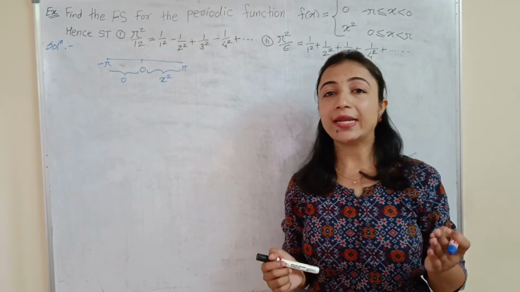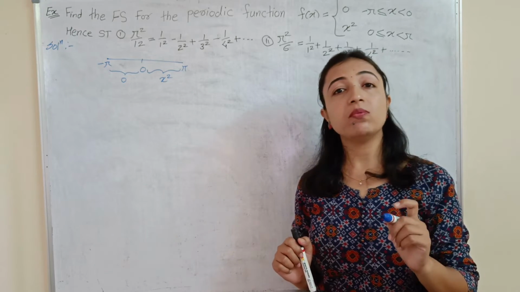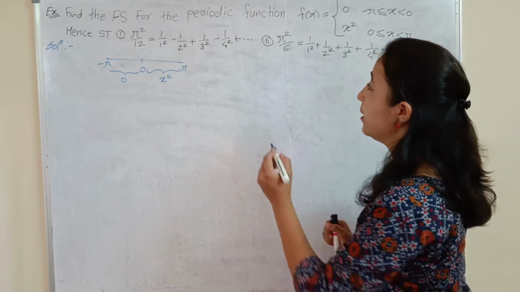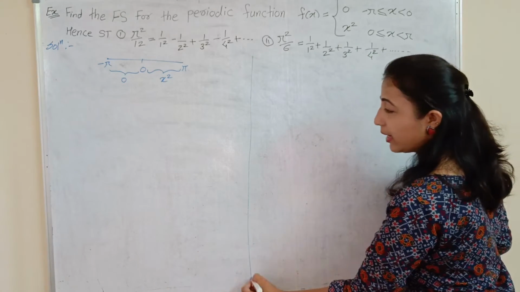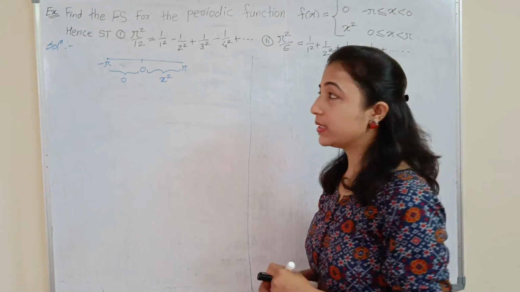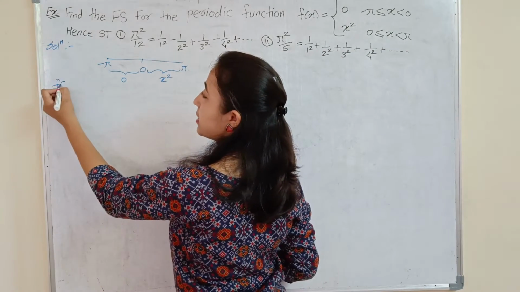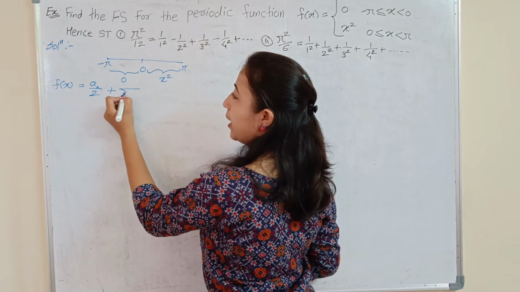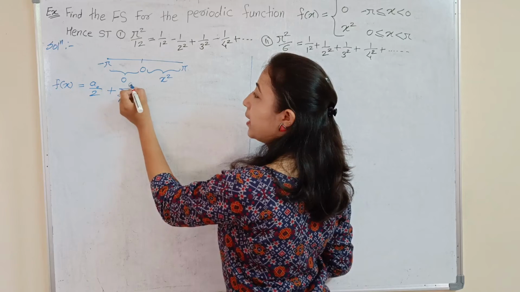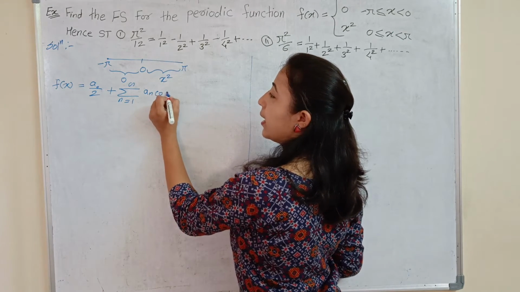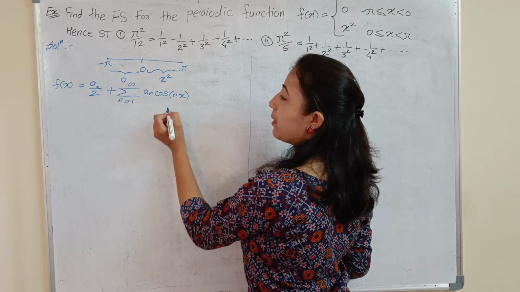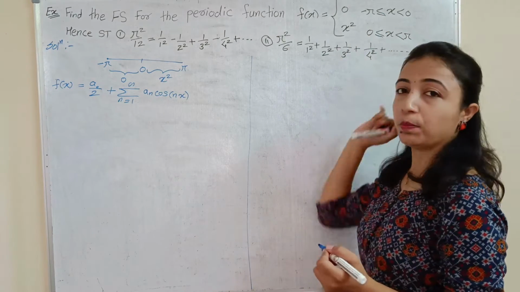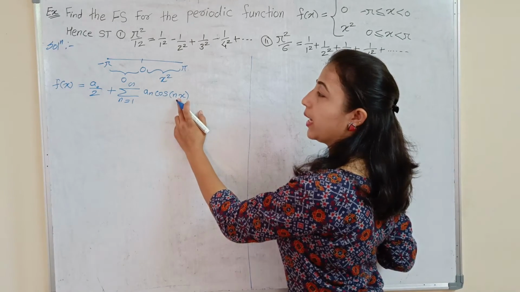If it does not belong to the even or odd category, that means you have to find all three constants a0, an and bn. So firstly I will write the general formula for the Fourier series: it is a naught by 2 plus summation n varies from 1 to infinity of an cos nx plus bn sine nx. In general form it is n pi x by l, but here the interval is minus pi to pi, so this angle is simply nx.